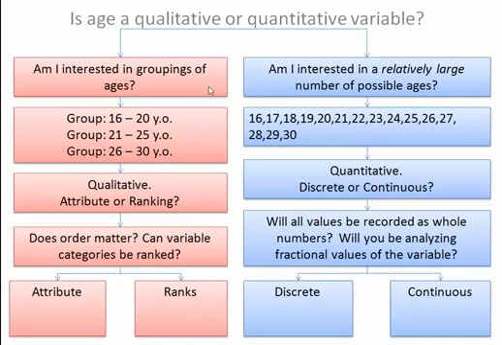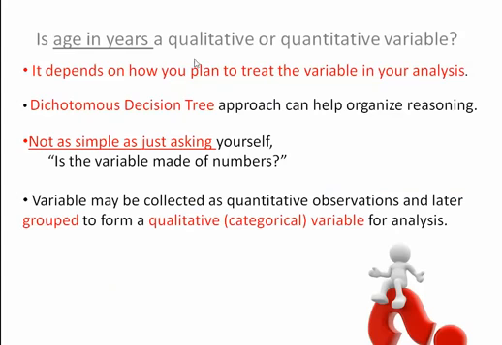The first tier asks whether it's a grouping or whether I have a large number of possible values, and then, once I've discerned whether it's qualitative or quantitative, whether or not I'm dealing with an attribute or a ranking in the case of qualitative variables, or whether I'm dealing with discrete or continuous observations with a quantitative variable. So just to summarize, is age in years a qualitative or a quantitative variable? It depends, and it depends on how you plan to treat the variable in your analysis.